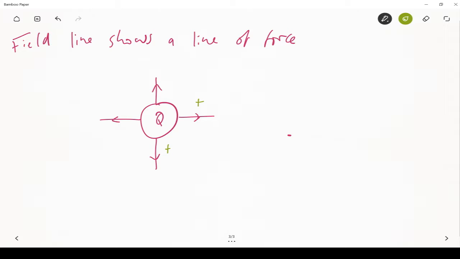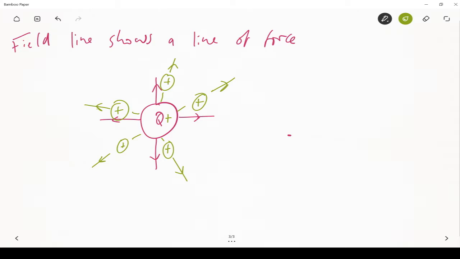Don't think electron, think positive charge. If I put positive charges here, what will they do? Well, Q is positive. You can tell it's positive because I put a positive next to it. And it will repel outwards. So, positive charges will repel.